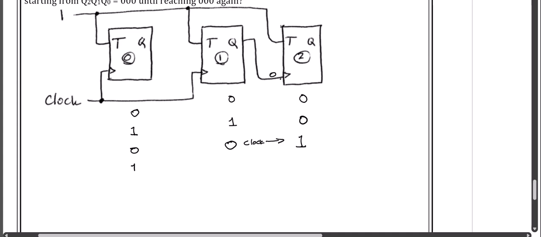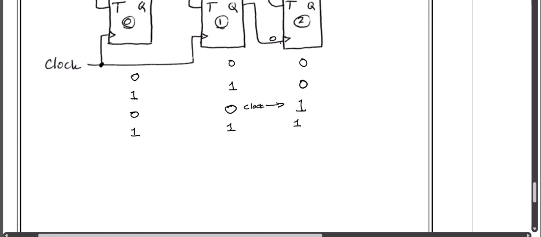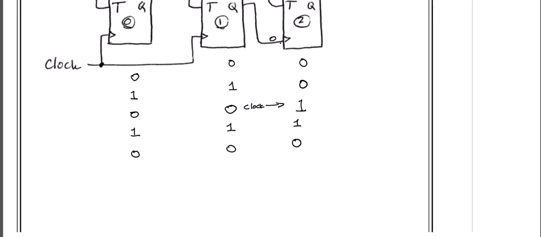So for the next clock cycle we'll get 1, 1, and 1 because it won't change because the clock will be 0. And the next one I'll get 0, 0, and now we'll get 0 again, because the clock will be 1, the input is 1, so it'll toggle.